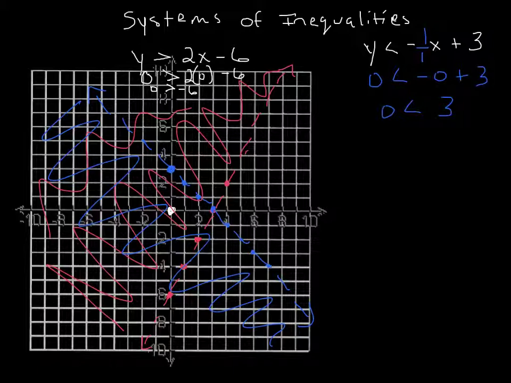So that is your answer to systems of inequalities: the overlapped region. So all this little section in here is your overlapped region, and that's your answer. Now say for instance 0, 0 didn't work. You'd have to shade on the other side of the line, but we've already talked about all that, so hopefully you remember that by now.